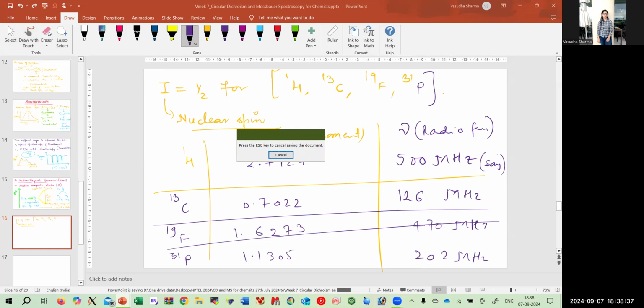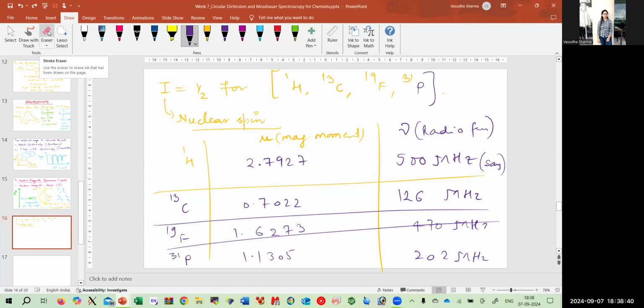So depending on the different nuclei, it would have a different resonance frequency that would be adjusted when you are giving those parameters.